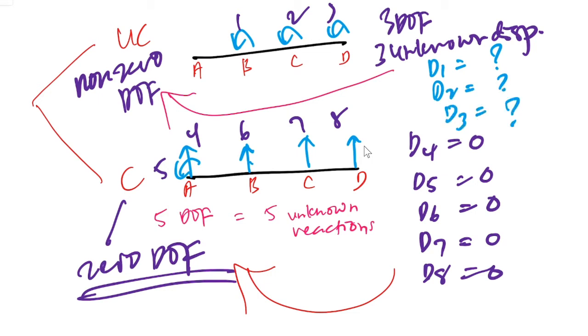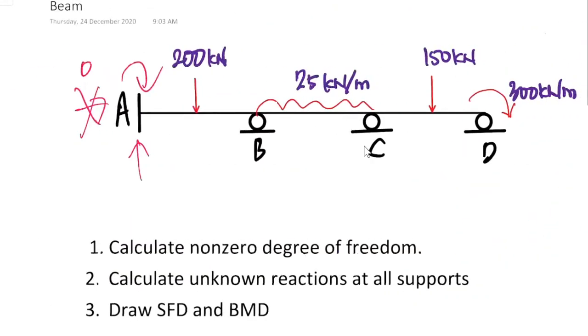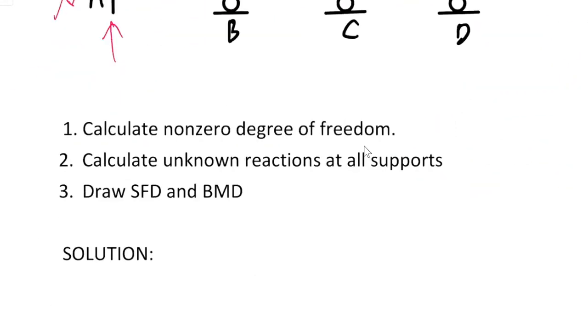So back to the question. Question number 1, calculate non-zero degree of freedom, means we need to calculate D1, D2 and D3.